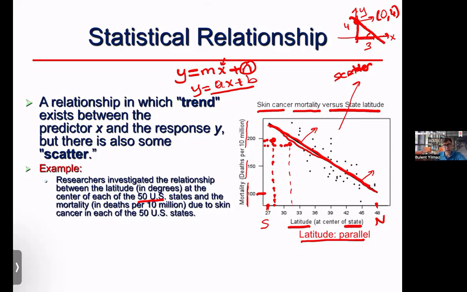So what is the basic idea here? I am trying to find out the trend using the scatter plot of the data. Okay, what kind of data do I have? I'm going to have latitude data and mortality rates. For example, one of them is 28, mortality is around 195. There's another state which is like 32 and mortality rate is 180.